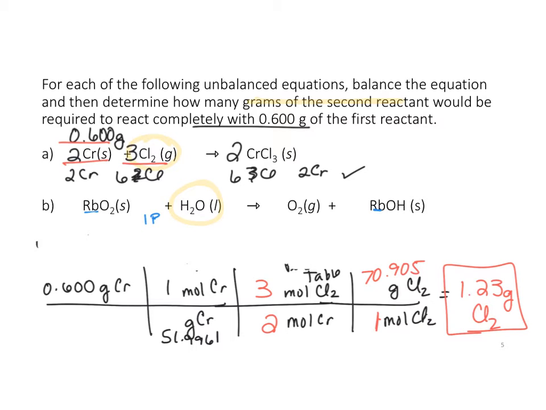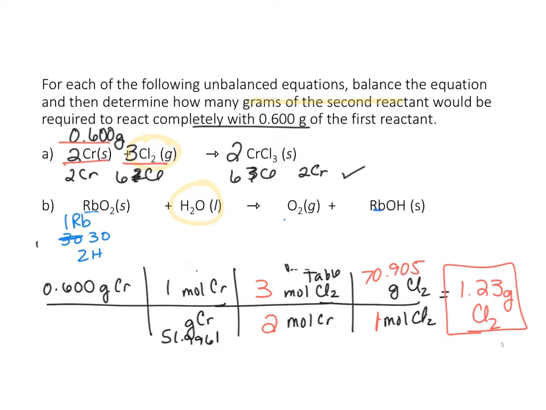So one rubidium, 3 oxygens, yeah, 3 oxygens and 2 hydrogens.